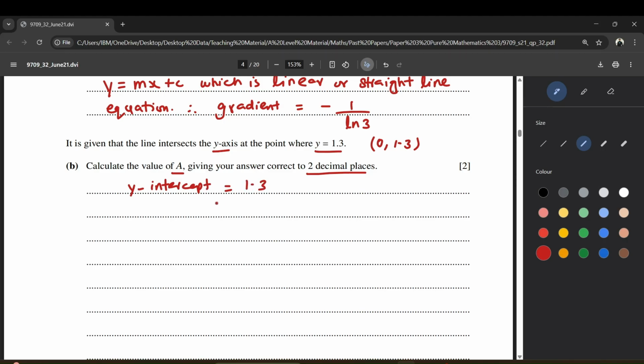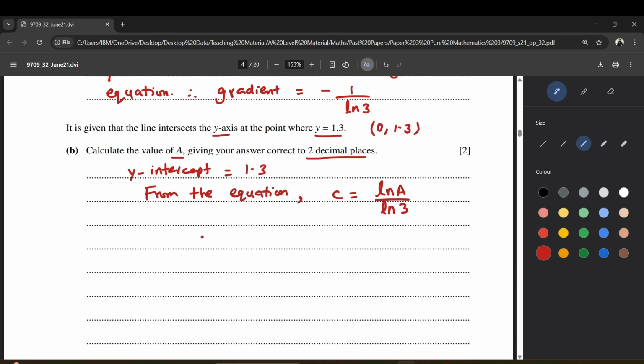So from the equation, we know that c is equal to ln a over ln 3. Now all I have to do is put these values into the equation. So c is 1.3, equals ln a upon ln 3.